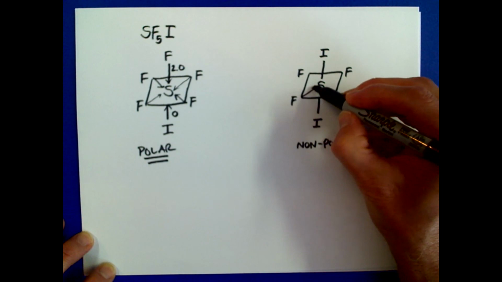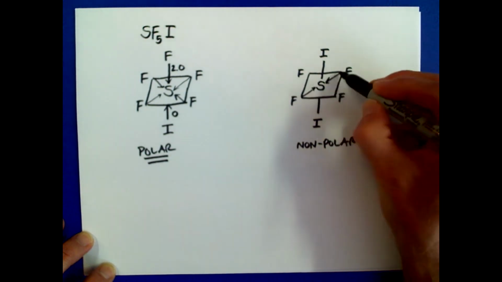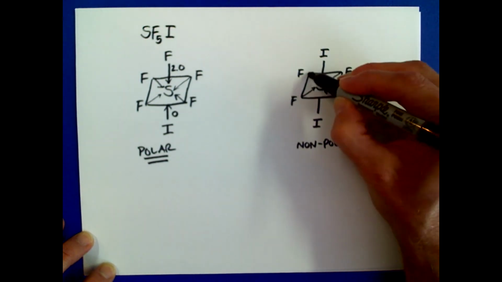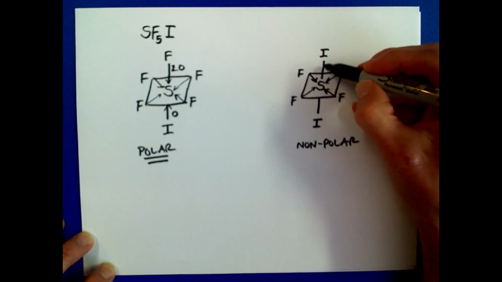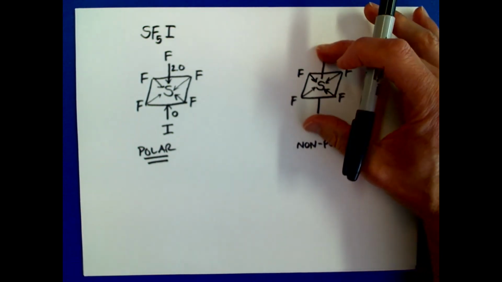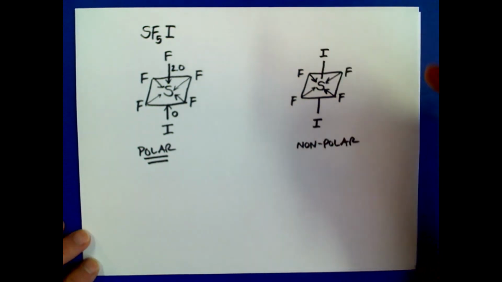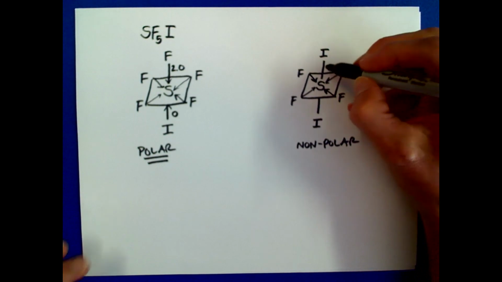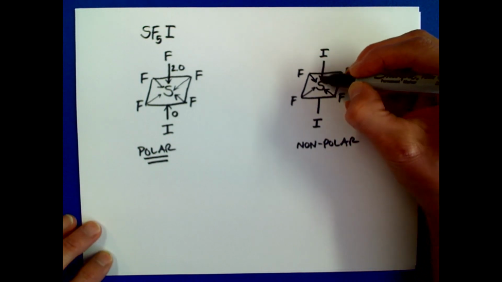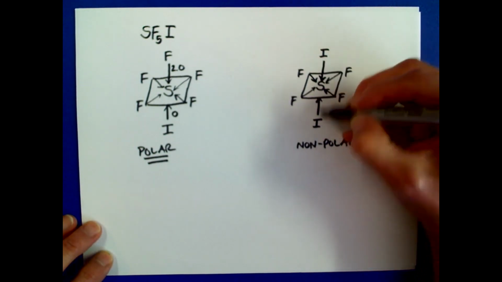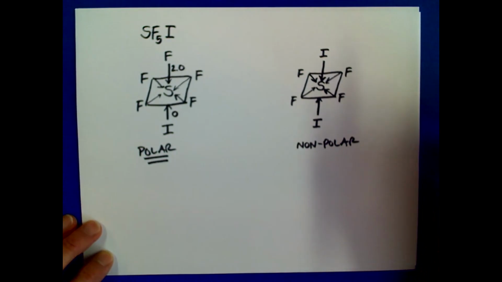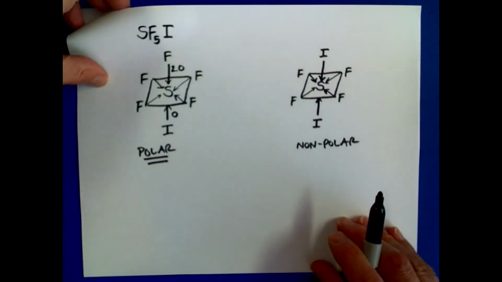With all of these canceling out in the plane, this cancels this, and there's nothing here and nothing here, so there are no dipole moments to worry about. And if there were dipole moments, let's just say there are, pointing from iodine to the sulfur, because they're identical atoms at opposite positions, those would cancel out as well.